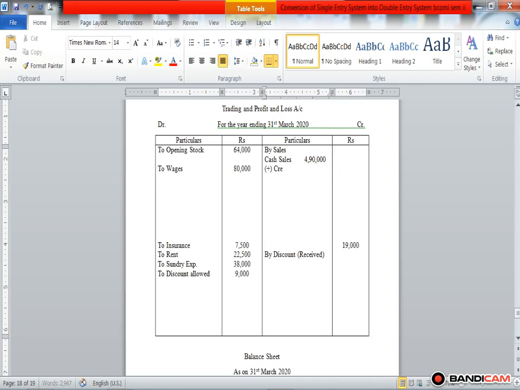Credit sales amounted to rupees 2,59,000. Okay, so make the total of sales, and the total sales amount is 7,49,000.